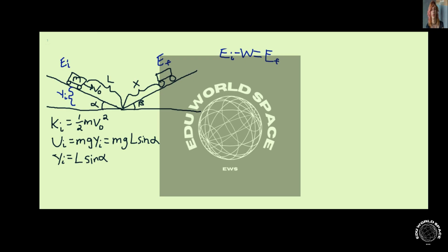All right, so that first step is complete. And then we need to think about what the kinetic energy and the potential energy terms are after the truck has gone up the ramp. Well, that final kinetic energy is just going to be equal to 0, because we say that the truck has come to a halt.